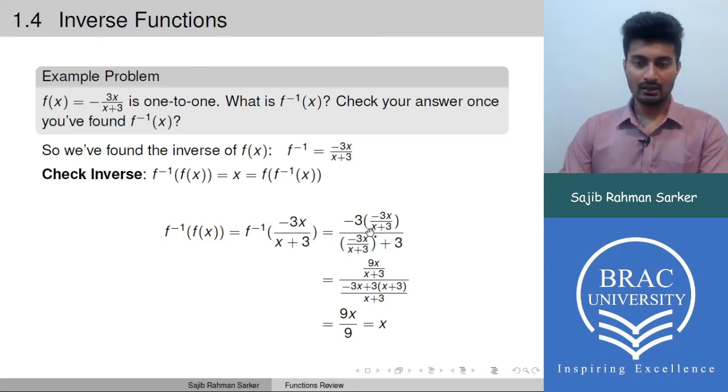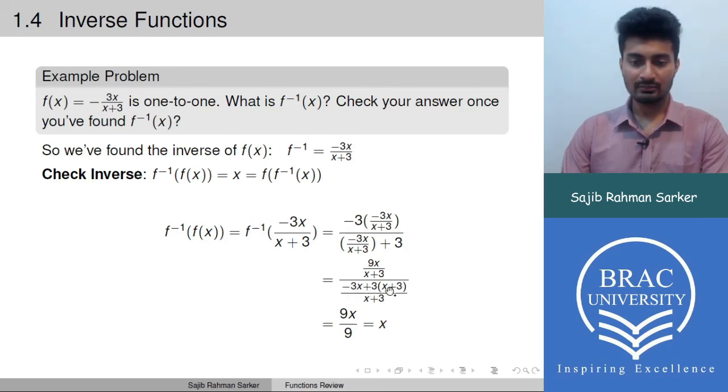Great. Now we multiply minus 3 and minus 3, and we get 9x over x plus 3. And over here, we have to distribute this x plus 3 to bring everything on top. So we have minus 3x plus 3x, and plus 3 times 3 gives us 9.